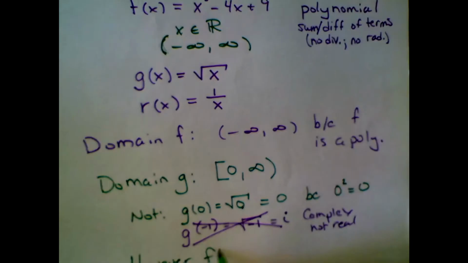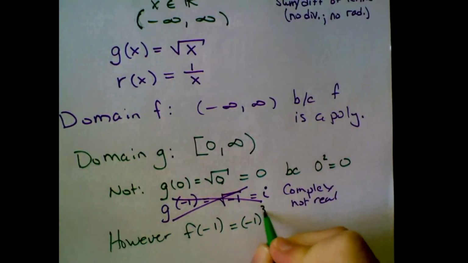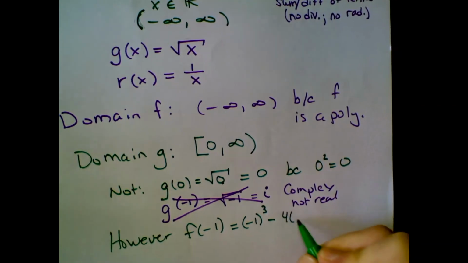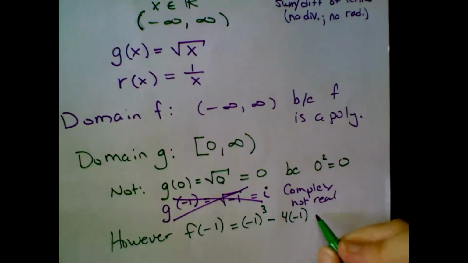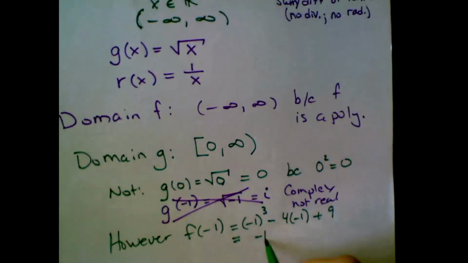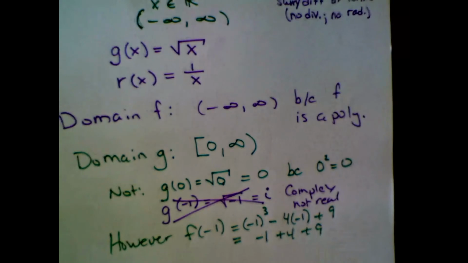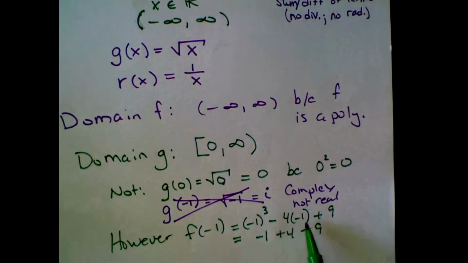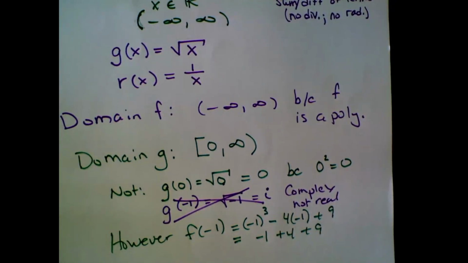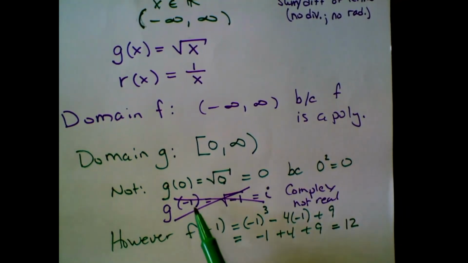However, it was okay to plug in -1 for f because it's okay to cube -1. It's okay to take -1 times any real number. And we can combine all these values. You might want to double check me on that, but I think we get -1 plus 4 plus 9. So the output of f of -1 would be 12. Just to compare, g of -1 was not defined.